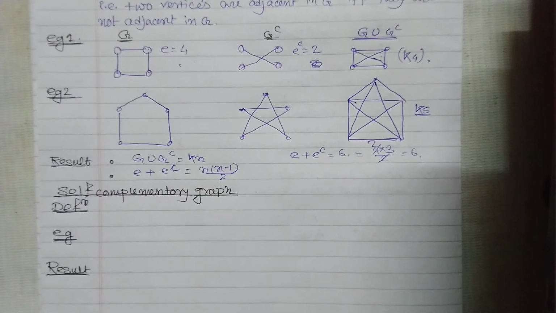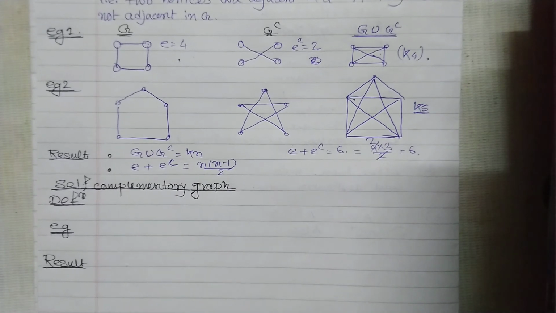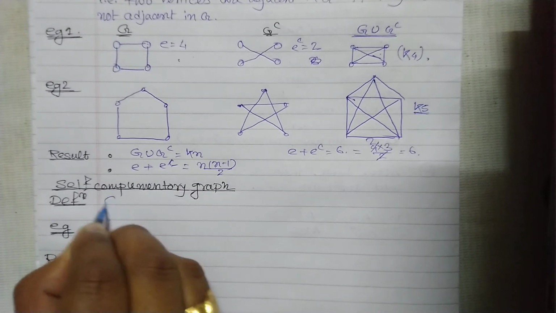Now there is another term that is very important for competitive exams, that is the self-complementary graph. There is a direct GATE question from this, so you can expect some questions from this area. At first we need to know the definition.